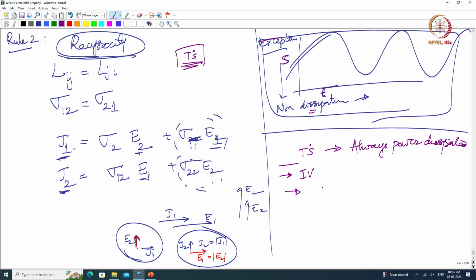Electrically this power dissipated is IV. Mechanically, the power dissipated is the strain rate, which is Ẋ times capital X, times the volume. So this is the power dissipated mechanically, and so on. I can have some magnetic power dissipated, and I can have chemical power dissipated, just by virtue of diffusion of atoms around.